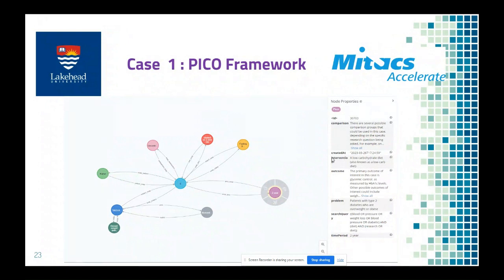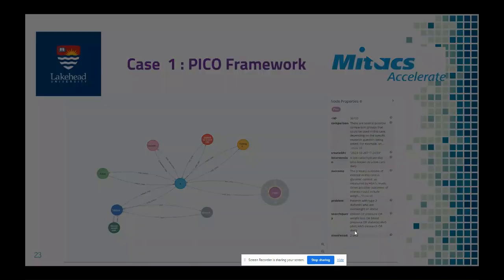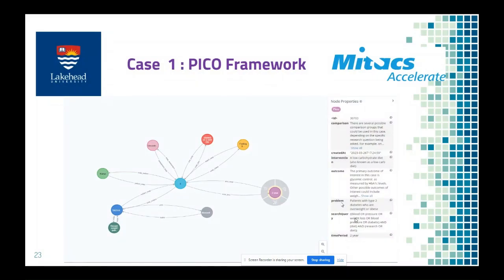And this is the PICO framework, where we can see the details of this particular PICO question, such as the problem: patient with type 2 diabetes who are overweight or obese, and the different sections: outcome, intervention, comparison, and type. And this is the search query; with the help of the PICO elements we generate the search query for this particular patient.